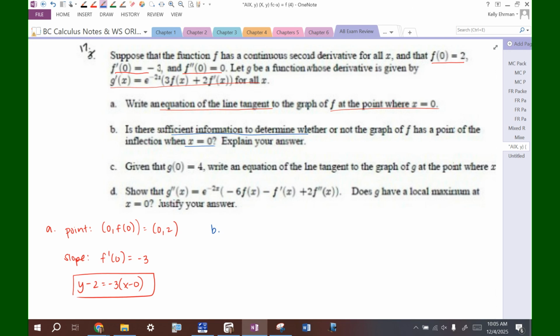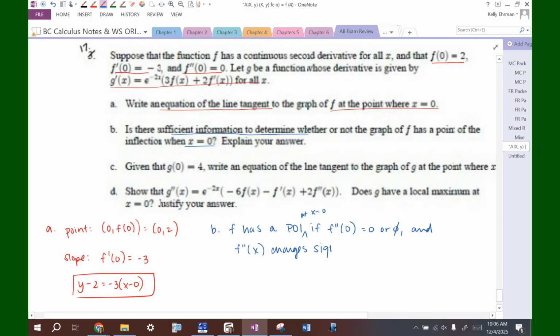Okay, so what do we need for a point of inflection? f has a point of inflection at 0 if f double prime of 0 equals 0 or is undefined, and f double prime of x changes signs at x equals 0.